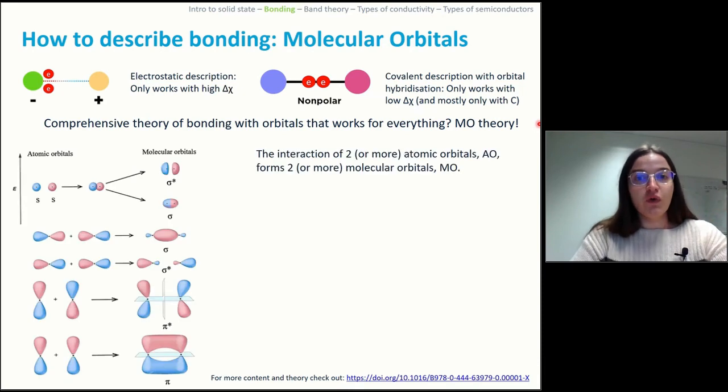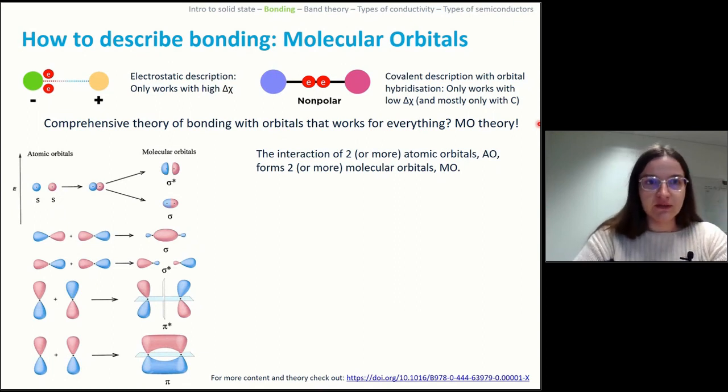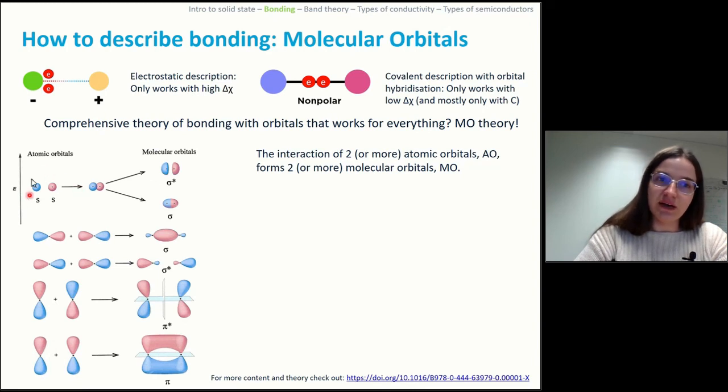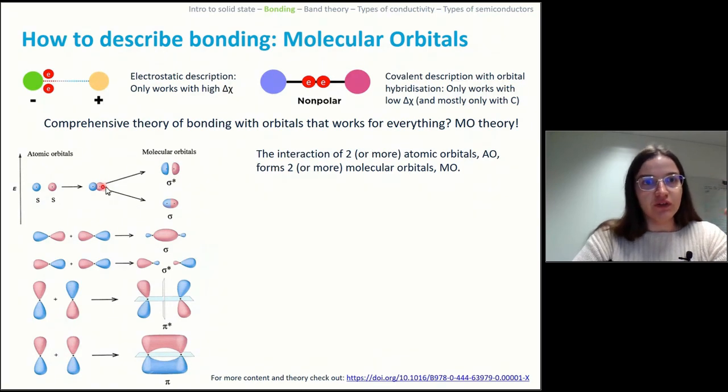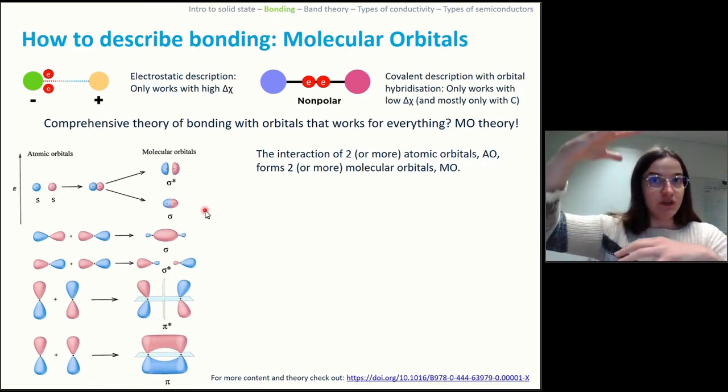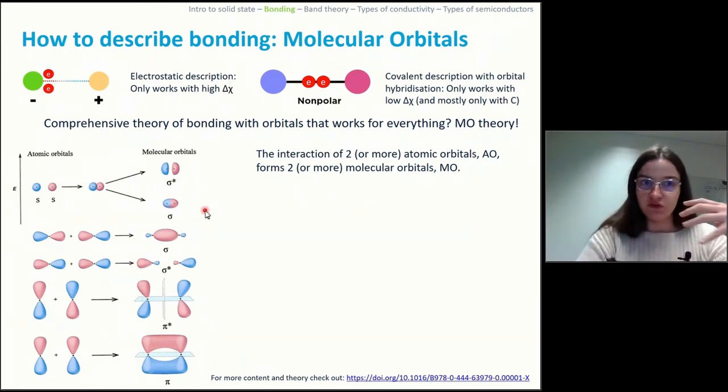So when you have two or more atomic orbitals, you end up with two or more molecular orbitals. When you have, for instance, two s orbitals like this, if you bring them close enough that they are interacting, you should not anymore think about two single atomic orbitals left on their own devices but maybe touching each other, but an interaction that will make two new different zones for the electrons to be.